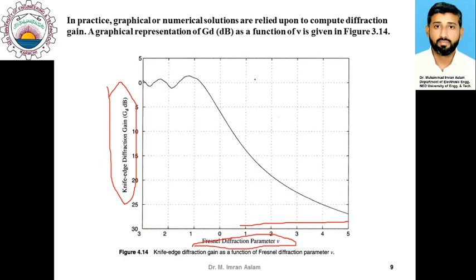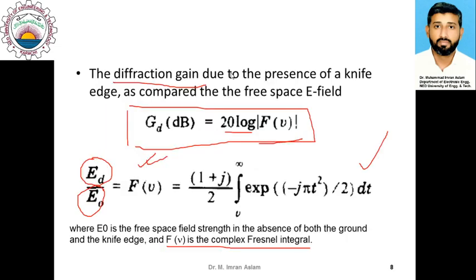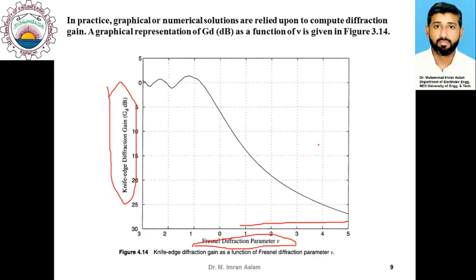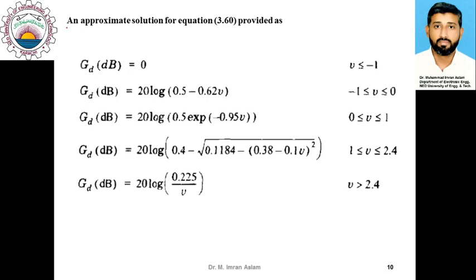Generally, numerical integration is used to calculate this complex Fresnel integral. However, for the calculation of the loss, we generally refer to some other approximations. The approximate values of this graph are given here.